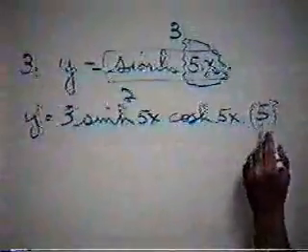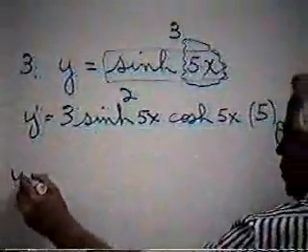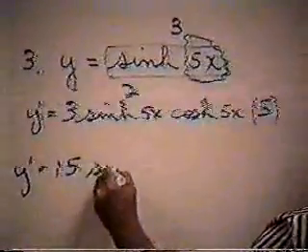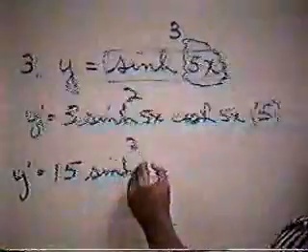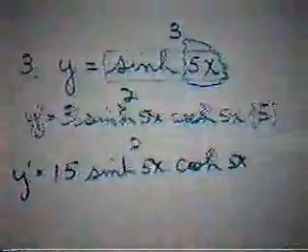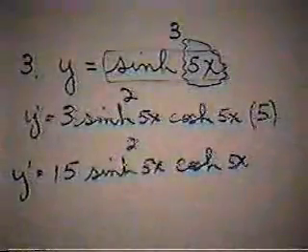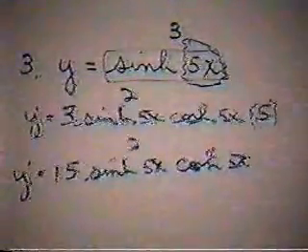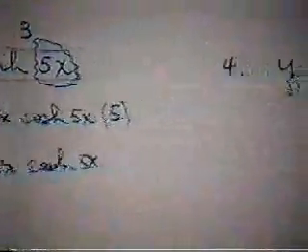So simplifying all this, y prime is equal to 15 hyperbolic sine squared of the object times hyperbolic cosine of the object. Now pay close attention to that one and watch for it and don't make the mistake that's common. All right, let's look at number 4.